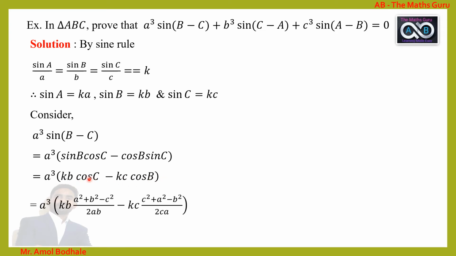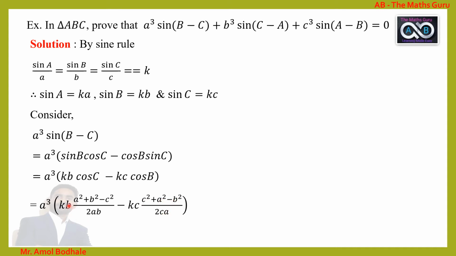So cos C is a square plus b square minus c square upon 2ab, minus kc, and cos B is c square plus a square minus b square upon 2ca.